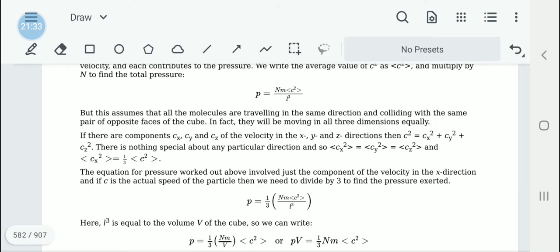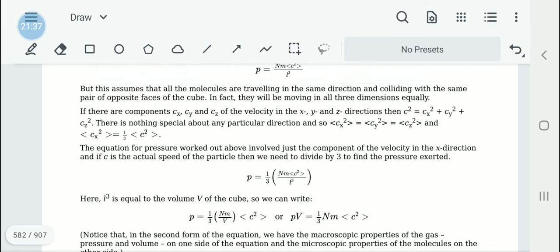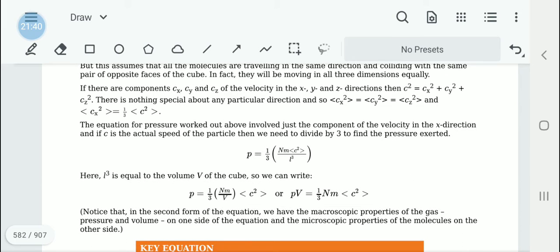Then for one particular direction, the equation for pressure that we found earlier is the summary. If you want to take the component in the x direction, and c is the actual speed, we can take it to be 1/3 of that, or we divide the final answer by 3, right? 1/3 into nm c squared upon L cube.